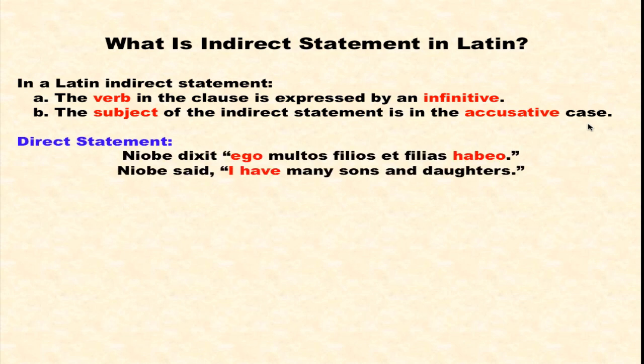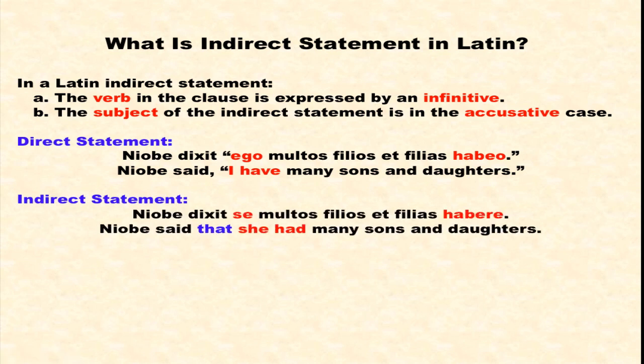So, if the direct statement is, Niobe said, "I have many sons and daughters," notice that our subject of the clause, ego, "I have many sons and daughters," ego habeo, is the subject and verb. The indirect statement is going to look like this. Niobe said that she had many sons and daughters. Notice that "she" is going to turn into a third person thing.